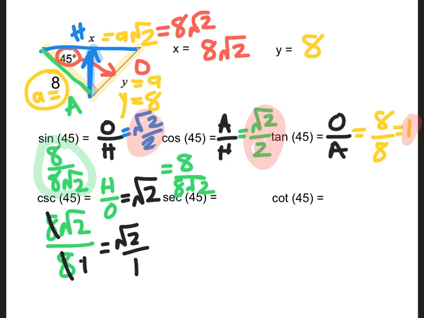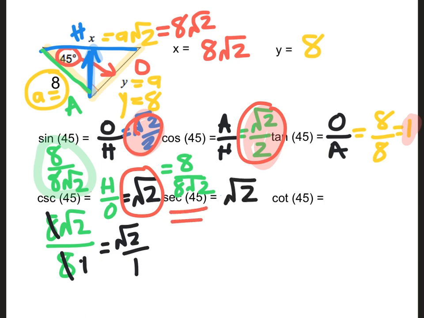Now we have to do secant of 45. Notice that when we did it before, our sine and our cosine were the same, so that means that my cosecant and my secant will be the same. So this one is also going to be the square root of 2. And then my last one, again, we have to do adjacent over opposite. Again, we would flip it. If we're flipping this fraction here, we still have 8 over 8, which is going to equal 1.